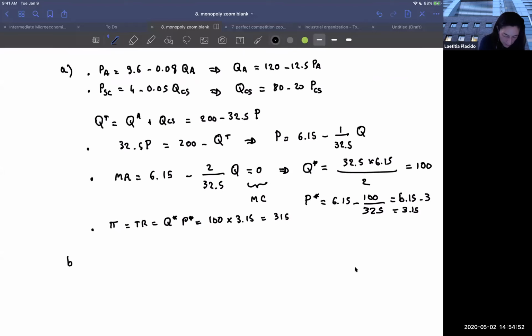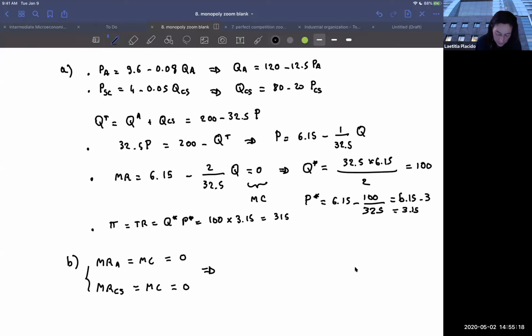All right, so B. We know that in each market, the monopolist sets marginal revenue equal to marginal cost. So for the market with adults, we have this, and for the other market, we have that. But we know that marginal cost is equal to 0.